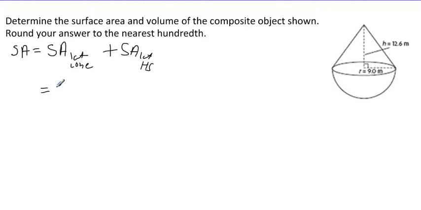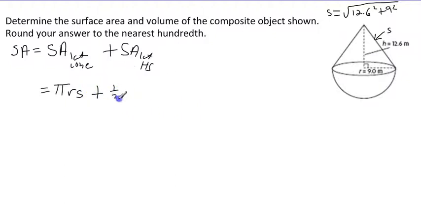Formulas. Okay, so the lateral surface area of a cone is pi r s. We don't have s. This is s. S is equal to, look, just go in there, 12.6 squared plus 9 squared.